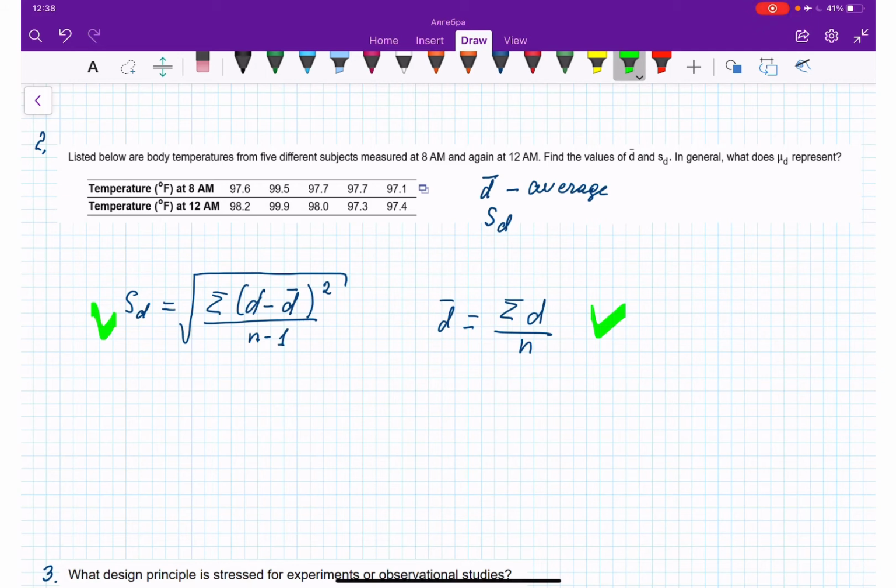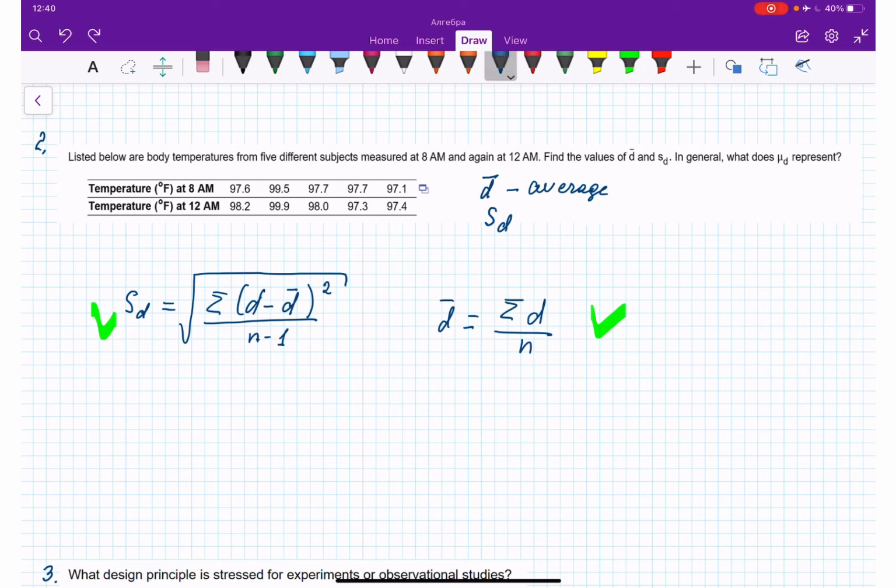So it's going to belong to both of them, average not only for one sample, but two samples together. And to calculate the average, it's not like you add all of the elements from temperature 8 a.m. and 12 a.m. and divide by n. No, you add their difference. D is the difference.